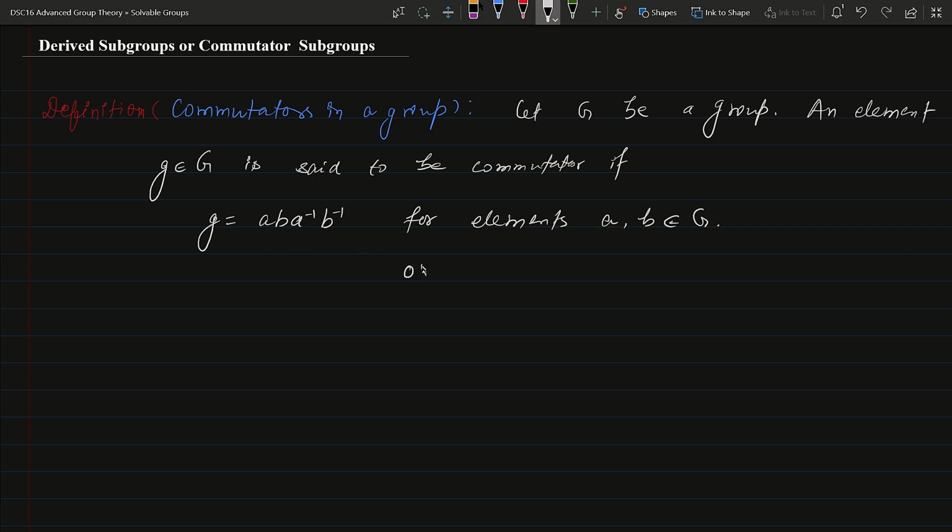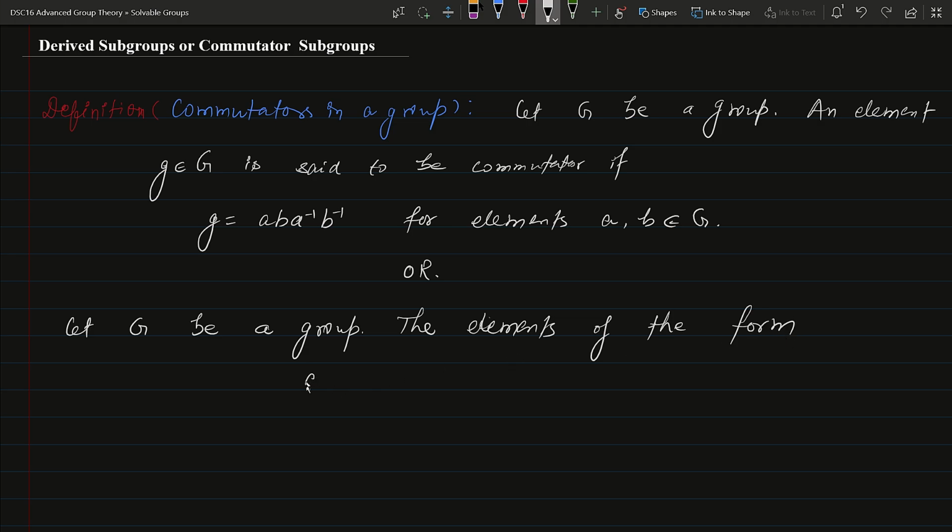ठीक है. Or you can define, let G be a group, then the elements of the form a b a inverse b inverse, where a and b are elements of G, are known as commutators.